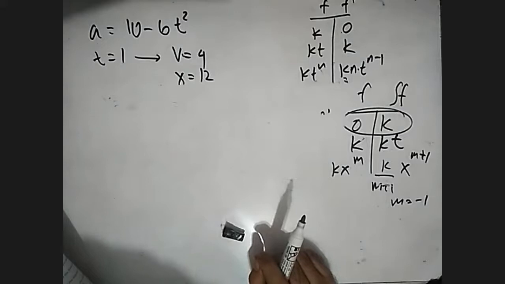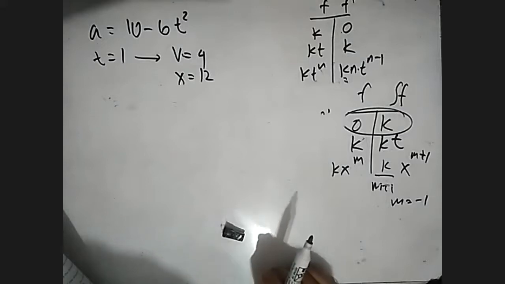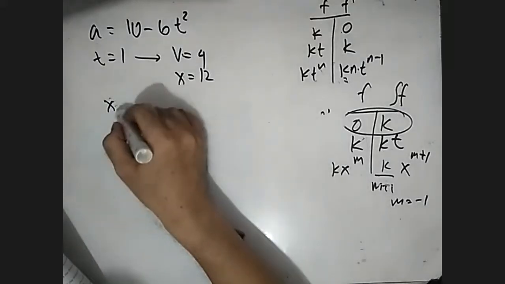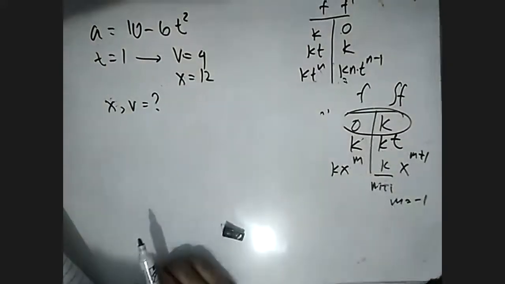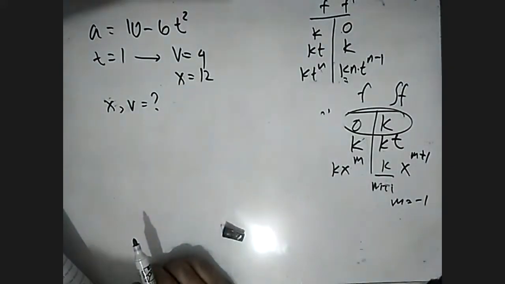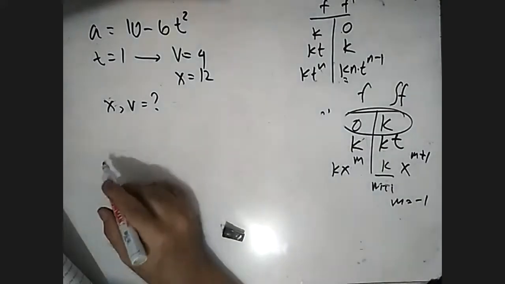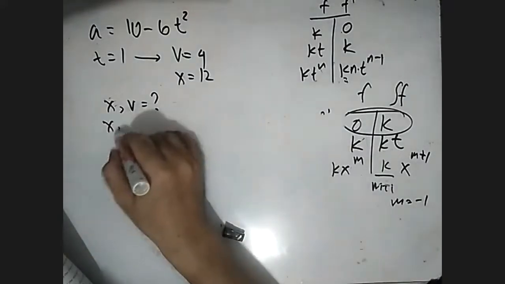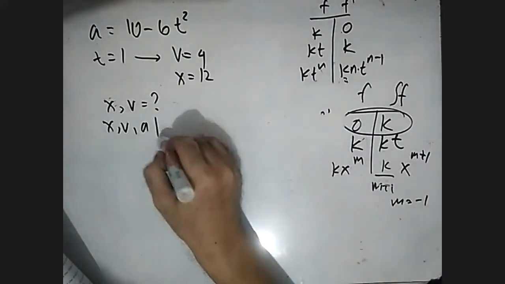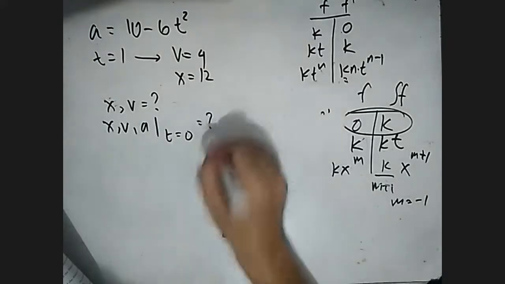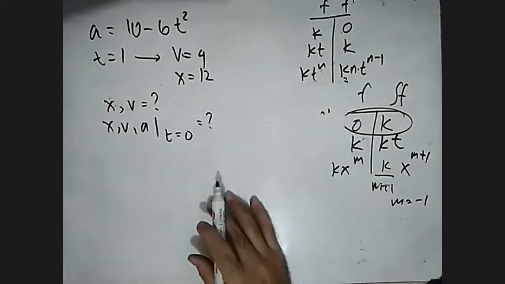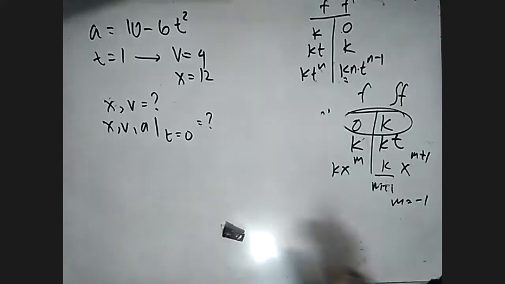Next, the question, find expressions for x and v. What is expressions of x and v? Next, they also ask, what is the acceleration, displacement, velocity and acceleration when t equals 0? Okay, so we have them here.